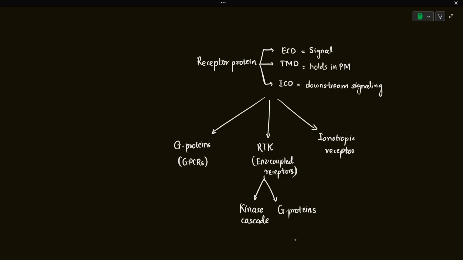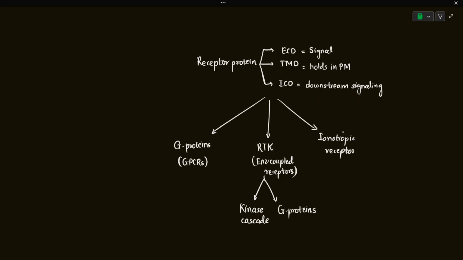So it is also a G protein, and it is going to activate some downstream phenomena, which result in activation of certain genes, right? So either of the molecular switches could be used with the help of RTK. G protein coupled receptors simply use G proteins as the molecular switch, while RTKs, or the enzyme coupled receptors, can use either of the molecular switches.